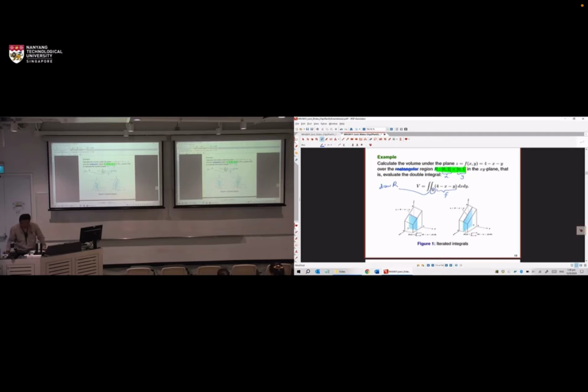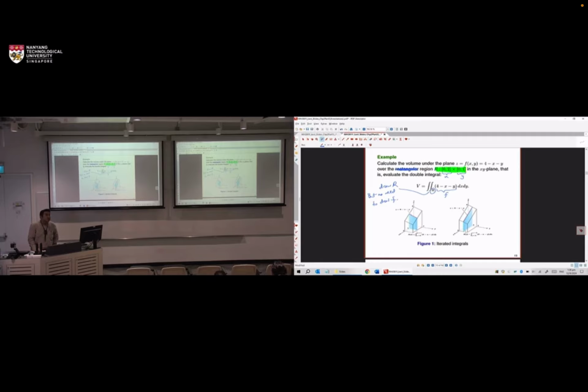You must always draw out the R, but no need to draw f. Many students do the other way around. In the exam they draw f and never draw R. F is the height; it's a formula for the height, which the formula automatically takes care of for you.